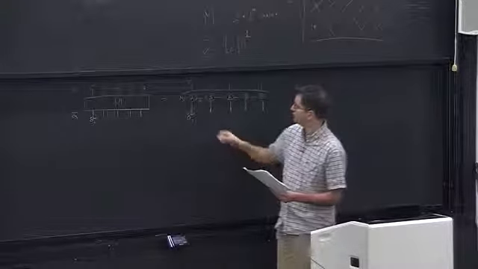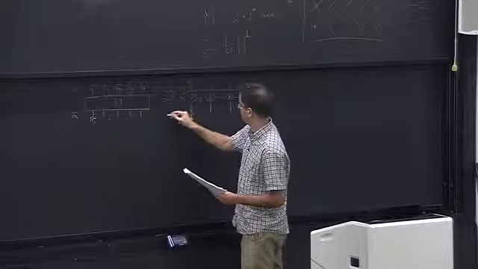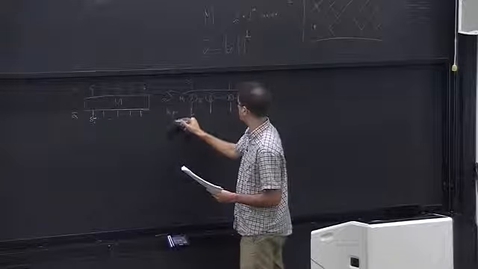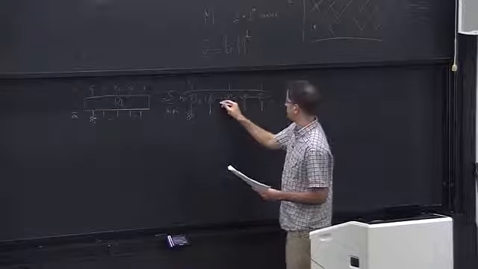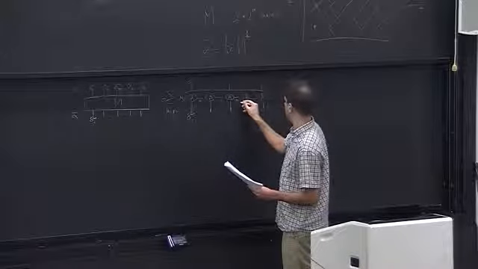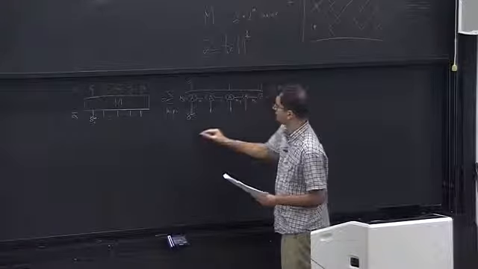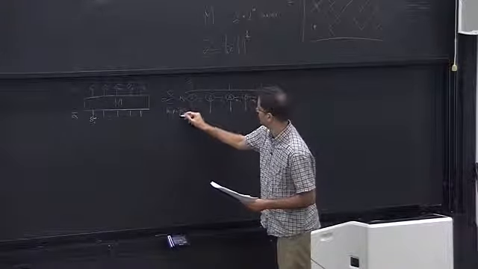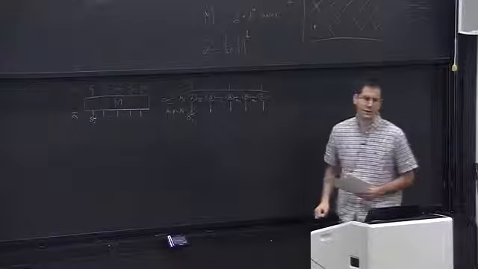So it's going to be a sum over mu 1, mu 2, mu 3, mu 4, mu 5 of a structure like this.